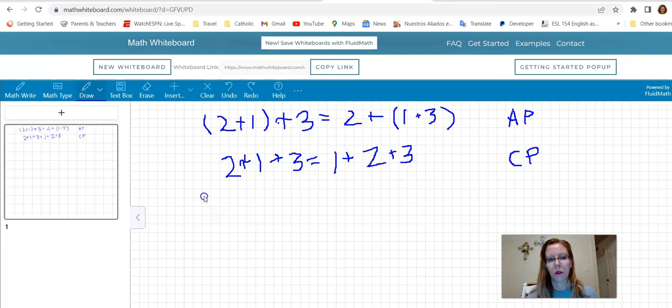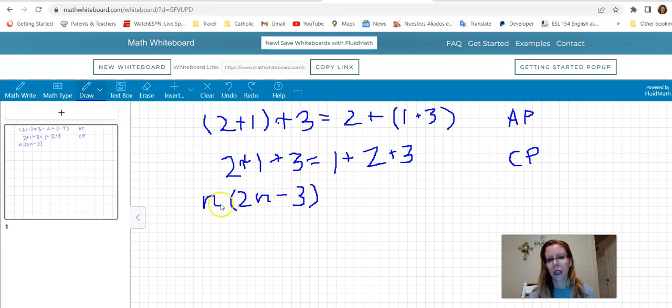Distributing is a little bit trickier, but it's really not that bad. The distributive property is when you have a term on the outside of parentheses, and then 2 terms on the inside, and we distribute across, and there's either multiplication, addition, or subtraction here.